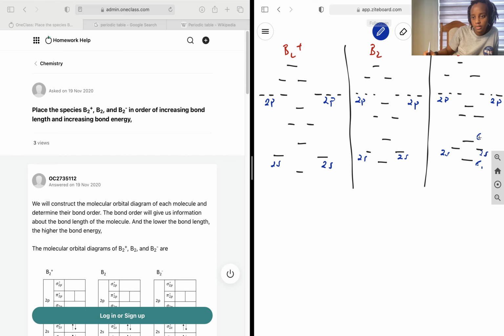So our first sigma, our first antibonding sigma, our first pi, our second bonding sigma, our first antibonding pi, our second antibonding sigma, labeled similarly for the rest.